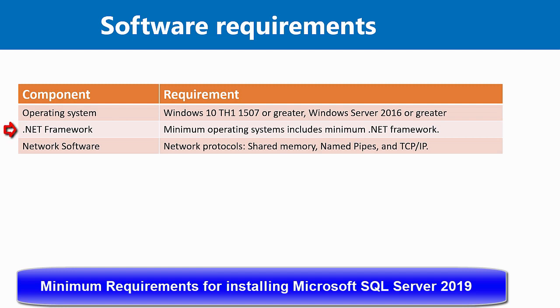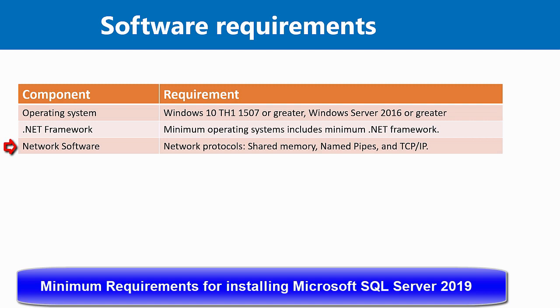The .NET Framework, you must have that on your system. If you've got a Windows 10 operating system installed or Windows Server 2016 or greater, you should have the .NET Framework already installed with it.